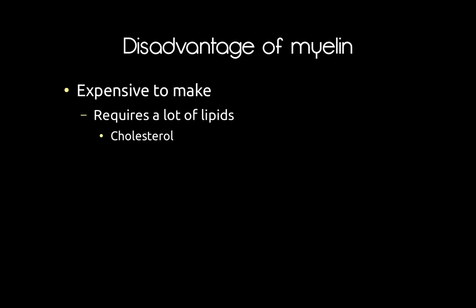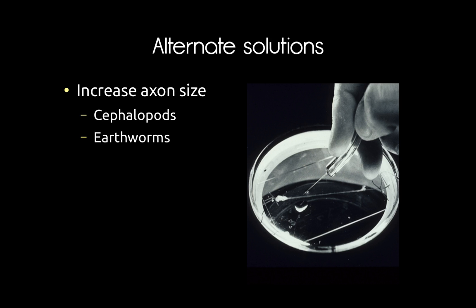So what are the alternative solutions to increase conduction velocity instead of just myelinating? Instead of increasing the resistance of the membrane with myelin, you can increase the axon size. This is something that cephalopods use, and earthworms and a few other animals. Earthworms only do this with a couple of axons, but cephalopods use it fairly extensively: their axons are greatly increased in size, in diameter specifically.